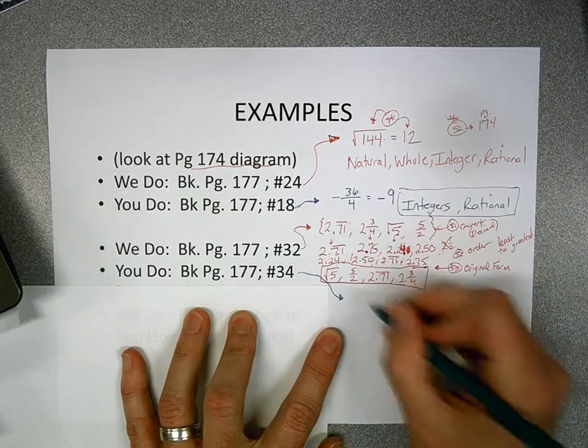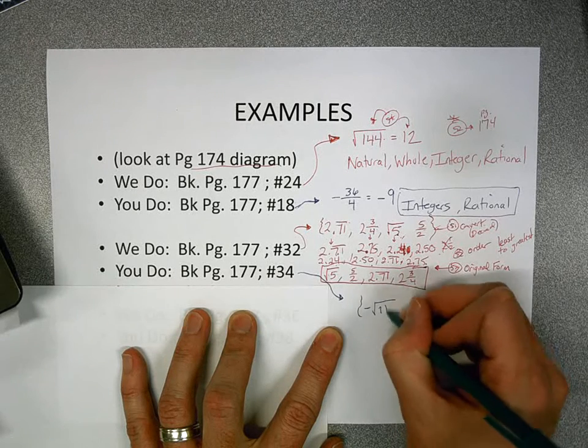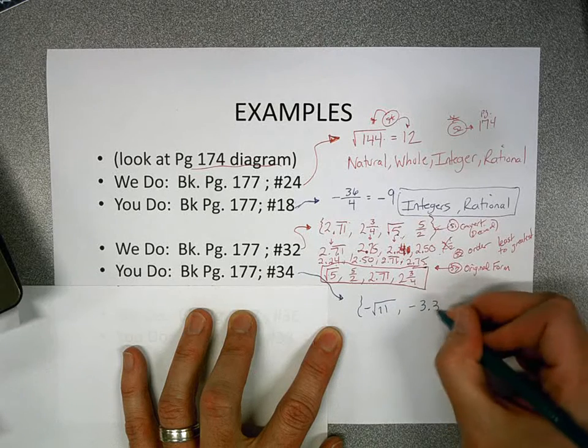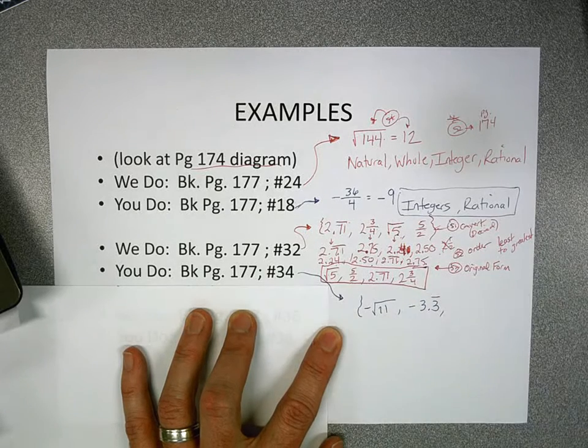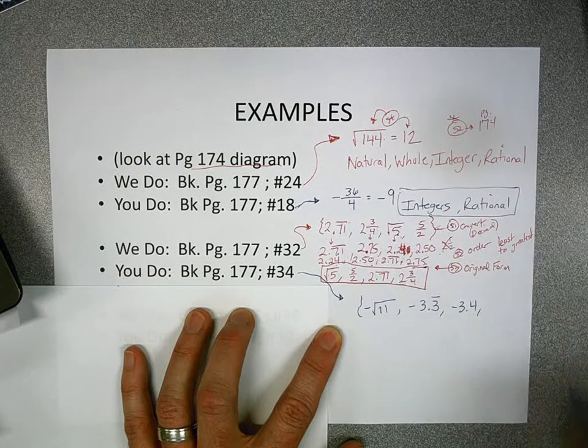The set was negative square root of 11, negative 3 3/10 in bar notation over the 3, negative 3 4/10, and negative 16/5.